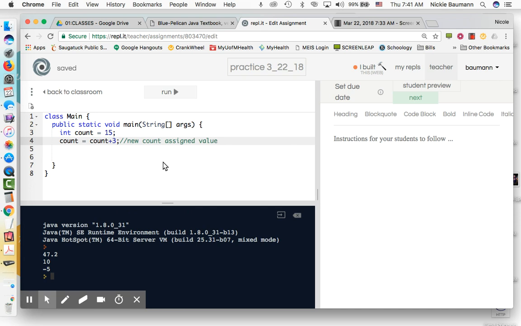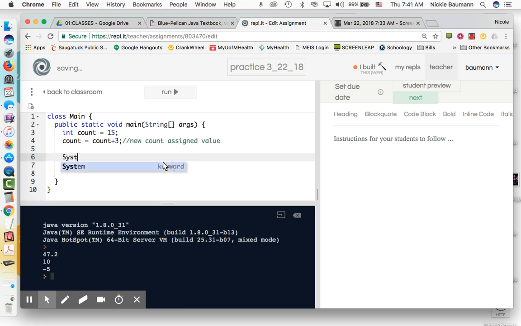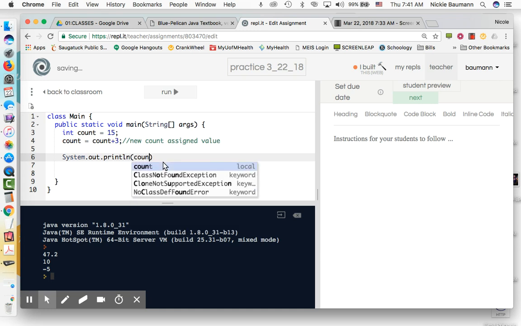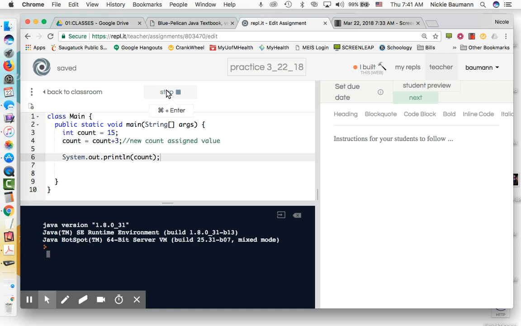So it's reassigning a new value. So if I ran this, and run, it should be 15 plus 3, and my answer should be 18.